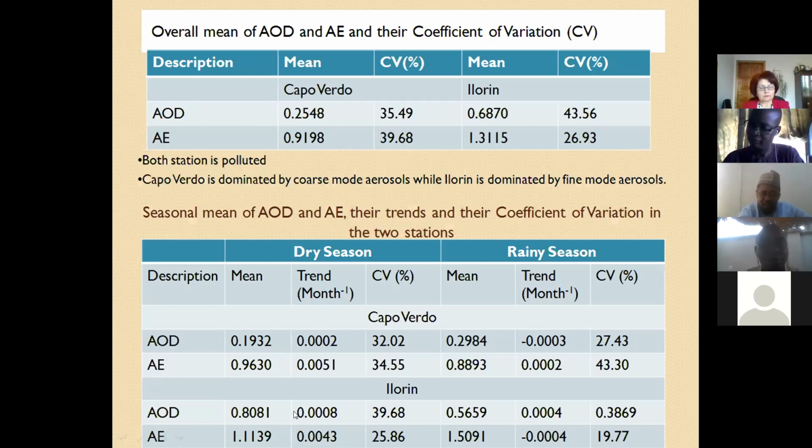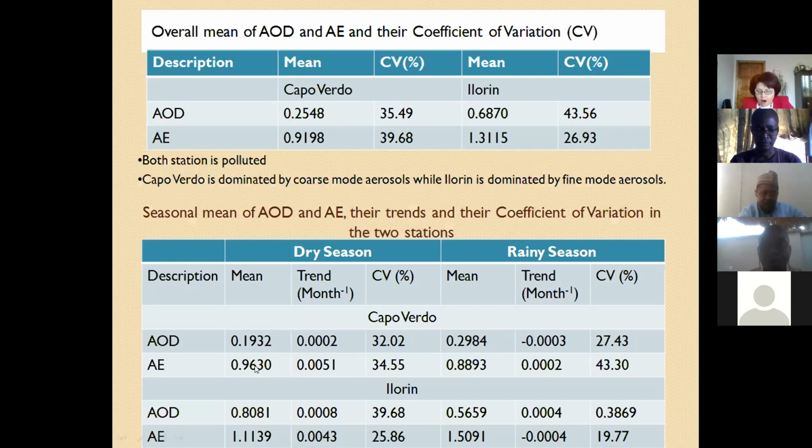Then for the seasons, AOD in Cape Verde is 0.19 in the dry season, which is still polluted, but in the rainy season, it is 0.29. We are expected to have a lower value in the rainy season, but this shows that a lot is happening, not only natural, but more anthropogenic aerosols.